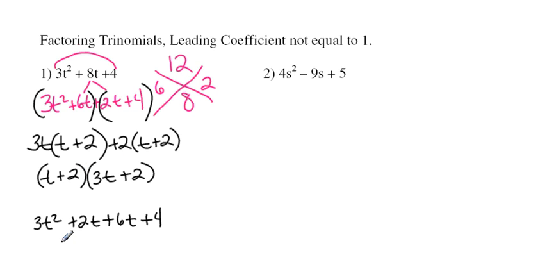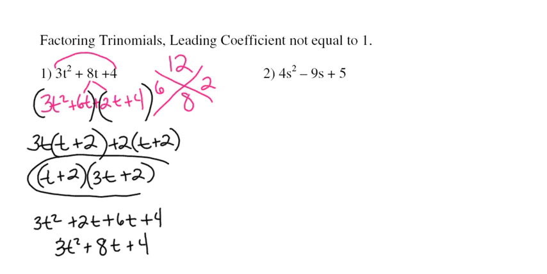And then I go ahead and combine my like terms, and I get 3t squared plus 8t plus 4, which is what I began with. So I know that I did it right, and I know that this is my answer.